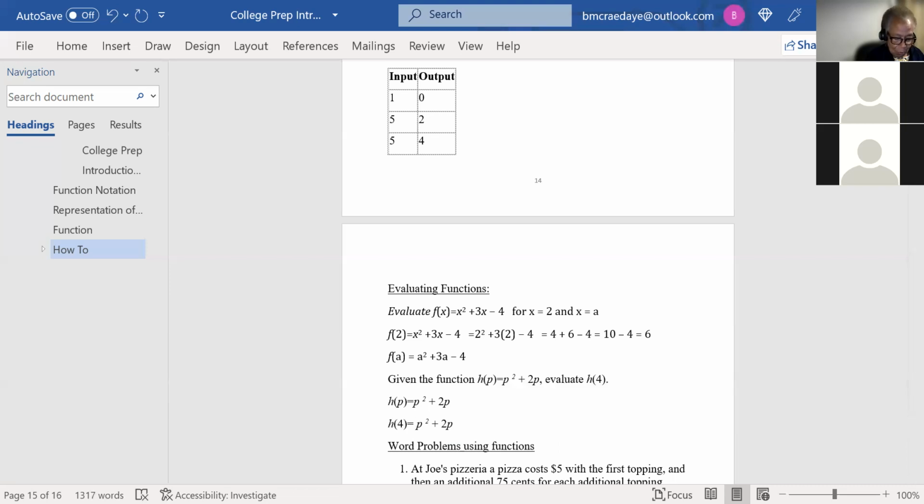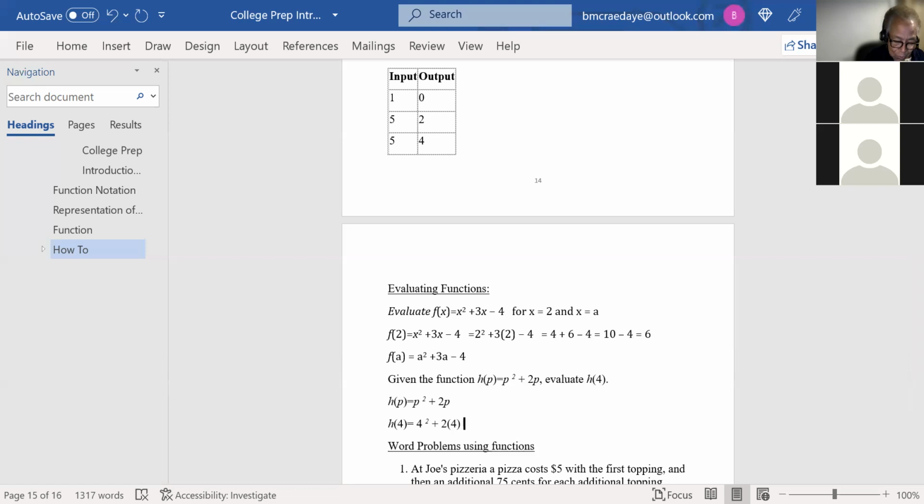So this will be 4 to the second power. And what do I put here, Chastity? Wherever p, I put a 4. All right, so I put a 4 here for the p. And what's that equal to?